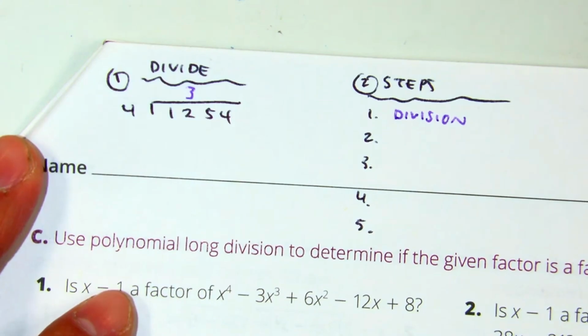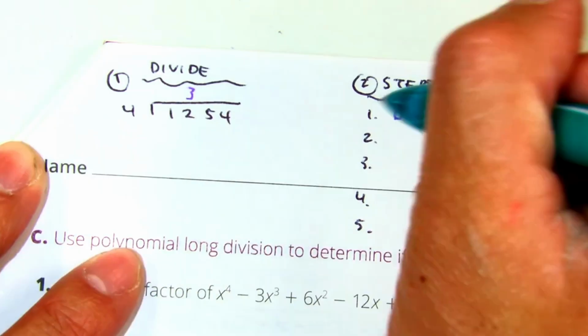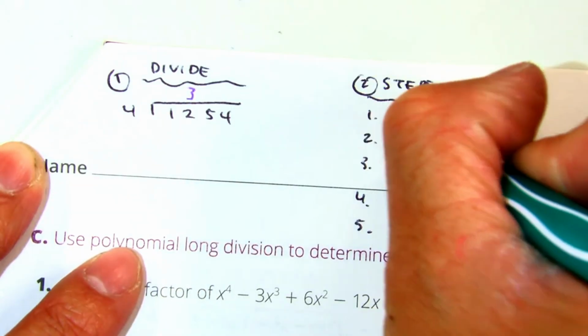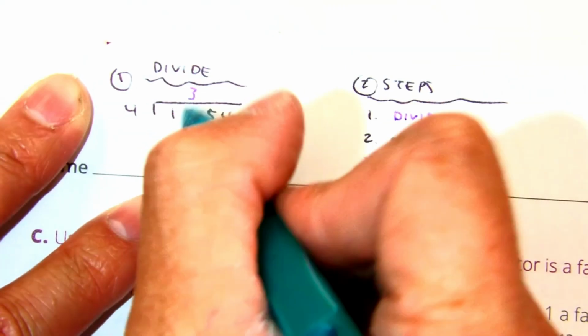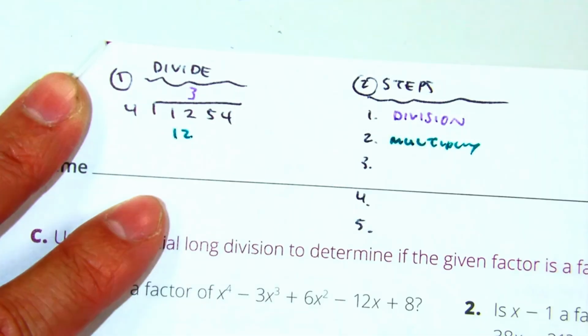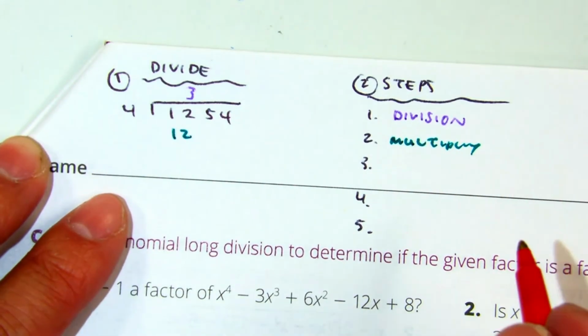Okay. Then the next step, what would you do next? You multiply. So you would do 3 times 4 is 12. Then what would you do with that 12? You would subtract.